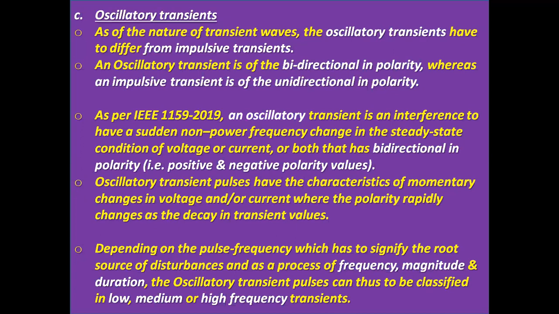Oscillatory transients. As of the nature of the transient waves, the oscillatory transients differ from impulsive transients. An oscillatory transient is bidirectional in polarity, whereas an impulsive transient is unidirectional in polarity.